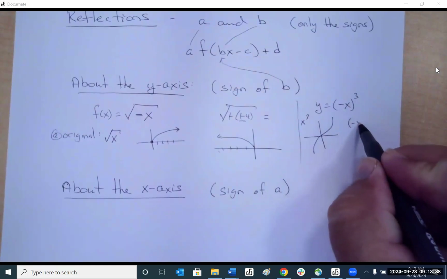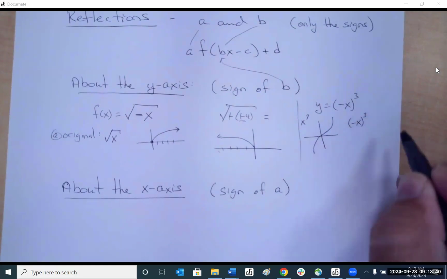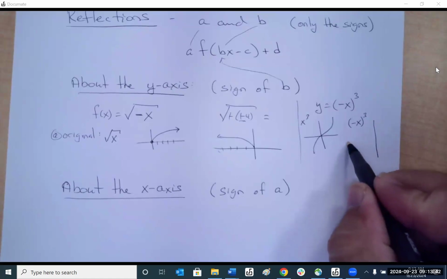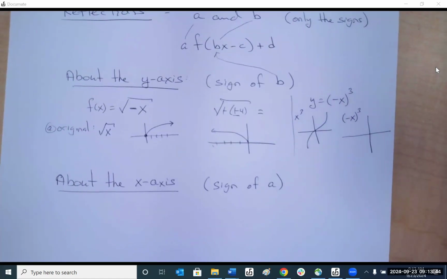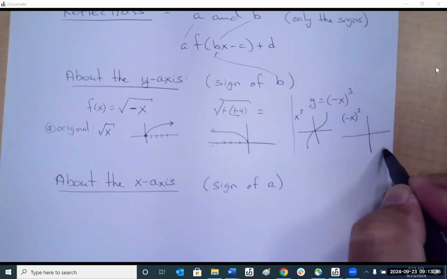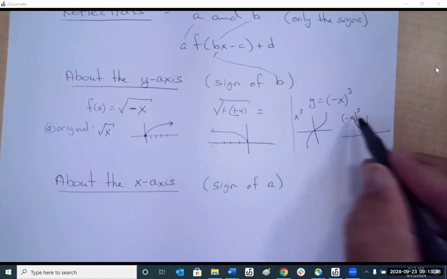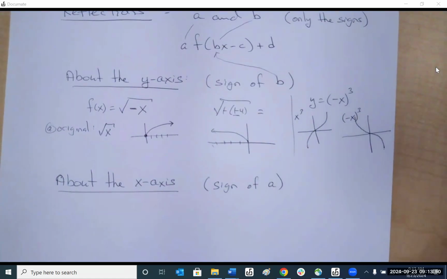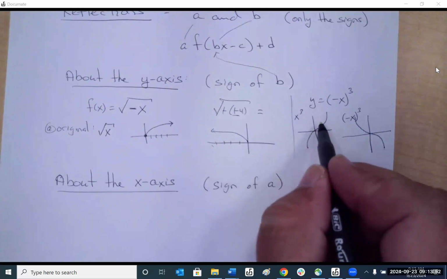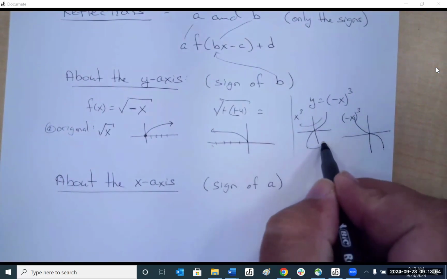Now, since I made the inside negative, my graph flips across the y-axis. It's now that one. I rotate it about the y-axis.